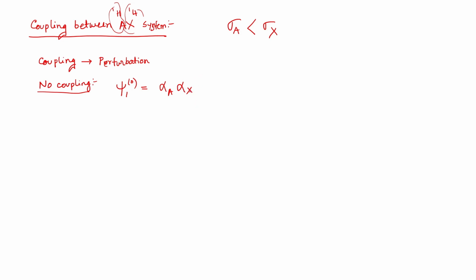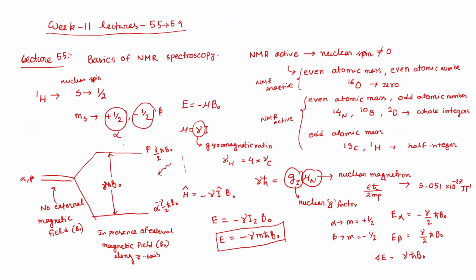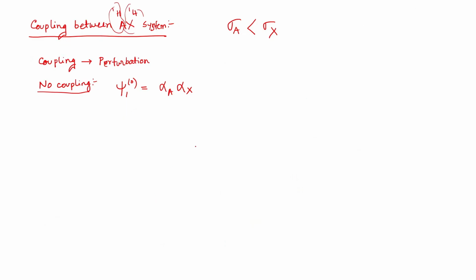It has the lowest energy because we have seen the energy of alpha spin is less. The spin of alpha is going to be lower than beta, and if both have alpha, then it will have the lowest energy. Suppose this is our lowest energy, so this is the order, from lowest to highest energy. So what is going to be the psi 2 naught? What is going to be the psi 3 naught?